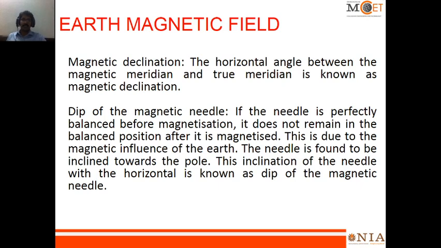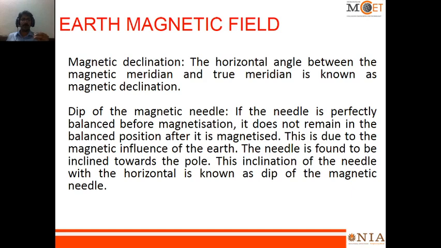So the magnetic declination is the horizontal angle between the magnetic meridian and the true meridian. Next, the dip of the magnetic needle. In any compass, there may be a small dip, upper dip or lower dip. If the needle is perfectly balanced before magnetization, it does not remain in the balanced position after it is magnetized.